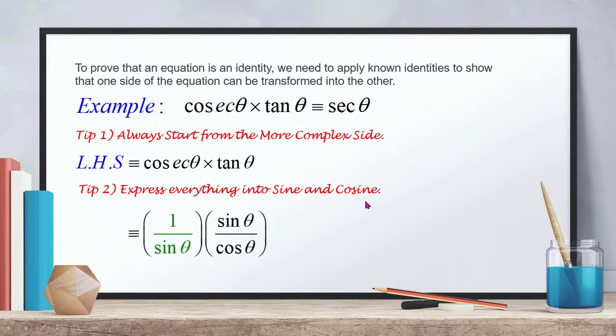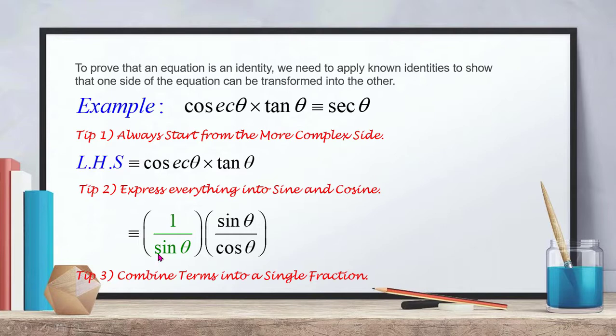We know that cosec is the reciprocal of sine, so cosec simply means 1 over sine, and we know that tan theta is identical to sine theta over cosine theta.